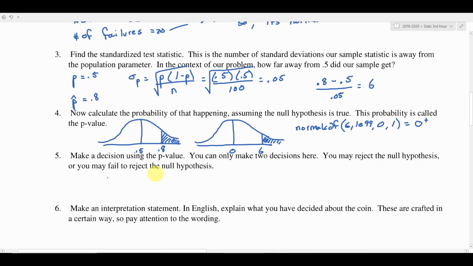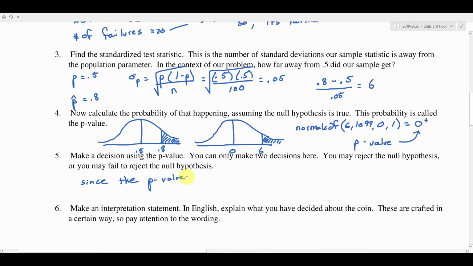Since this is so rare, we say since the p-value, this is a new term I'm introducing here, the p-value is this probability that we just calculated here. So we call this a p-value.